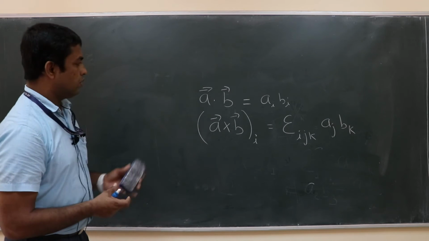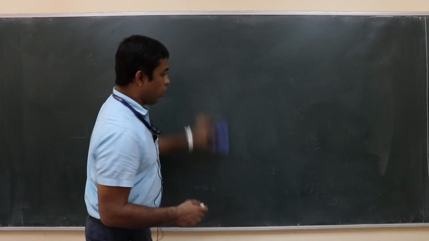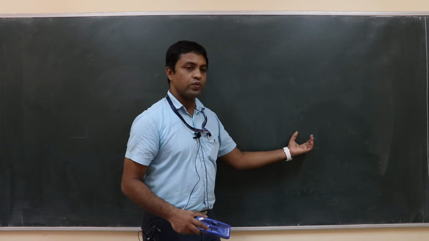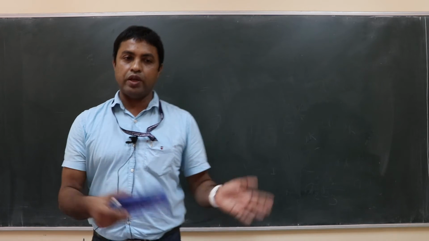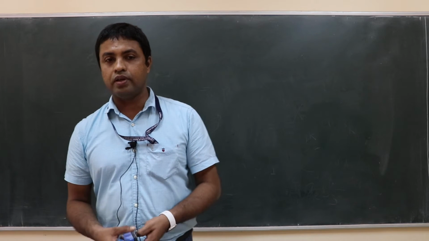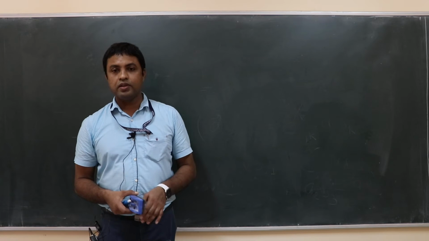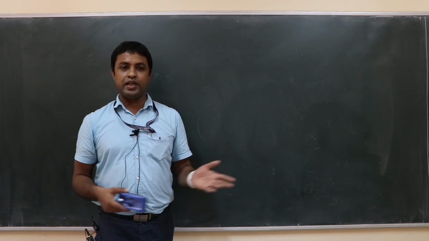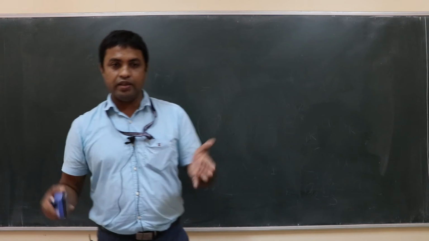Now I want to mention that you have just written A cross B as one equation. Suppose you want your usual way of writing A cross B, what do you usually do? You make a matrix, and it is only a convention, it's not a determinant.